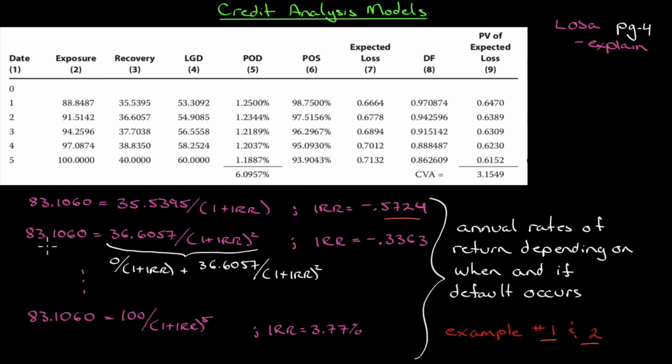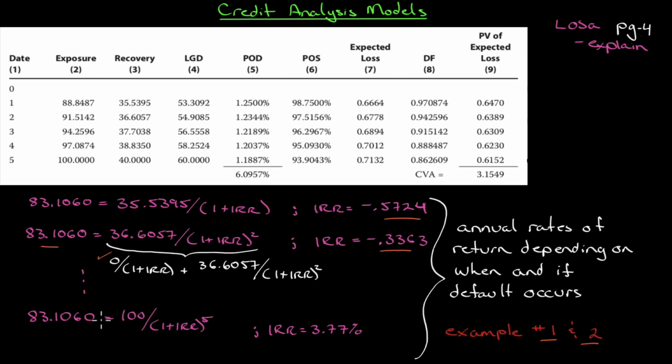If it's at the end of the second year, we still paid 83.1060 for it, but notice our recovery is 36.6057 divided by 1 plus IRR squared, which, because this is a zero coupon bond, is the same as saying 0 over 1 plus IRR, that's the first coupon, and 36.6057 over 1 plus IRR squared, negative 33.63.